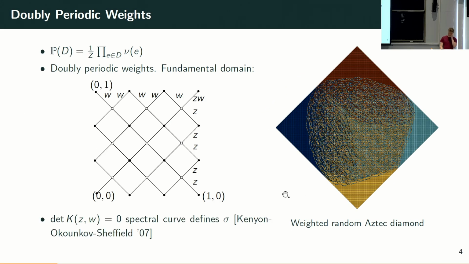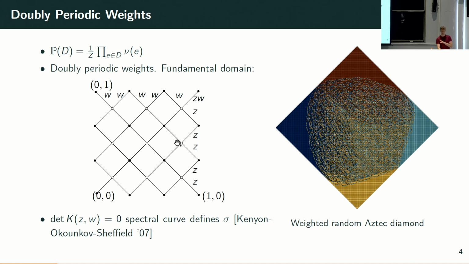This is kind of mysterious, and this was studied by Kenyon, Okounkov, and Sheffield in 2007, building the connection between these dimer models and algebraic geometry in a very elegant way. This is a picture of the fundamental domain. I have weights on all the edges, and then you take the adjacency matrix and alter it a little bit.